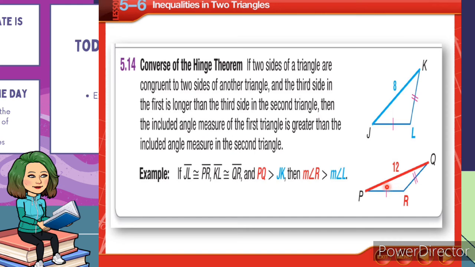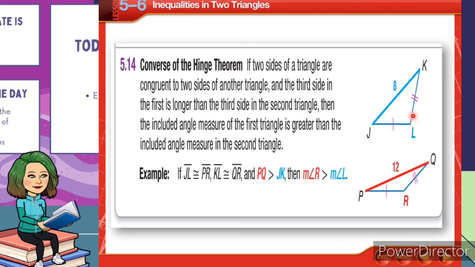So, since our third side in this particular given, PQ measures 12 units, compared to JK which measures 8 units. Therefore, the opposite angle of 12 is greater than the angle which is opposite on your side JK.